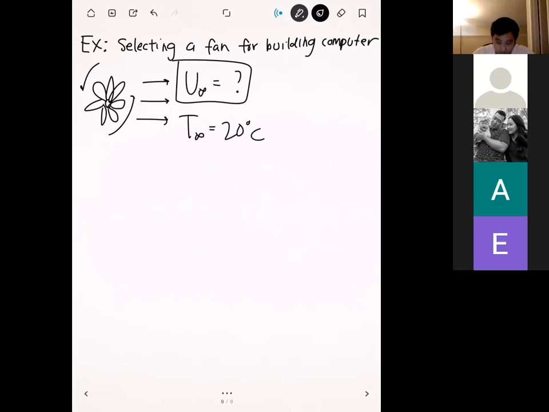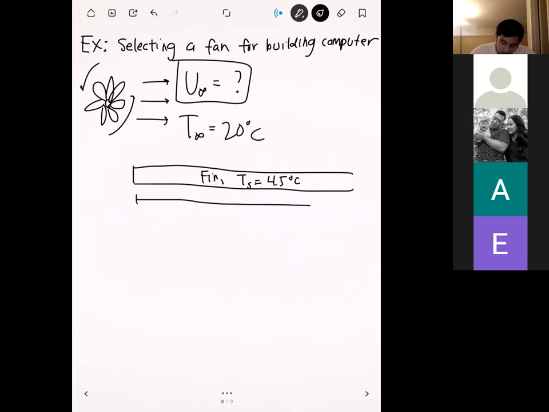We know that we're going to be blowing this air over a flat computer surface. Let's say that this is a fin that you have in your computer. And so the fin is at a constant temperature. We'll say that this temperature here is 45 degrees C.